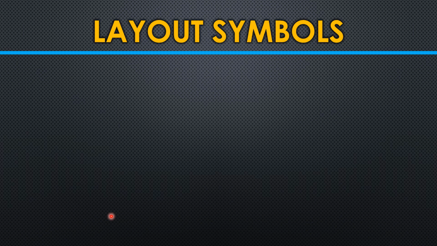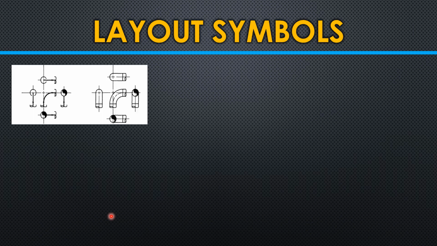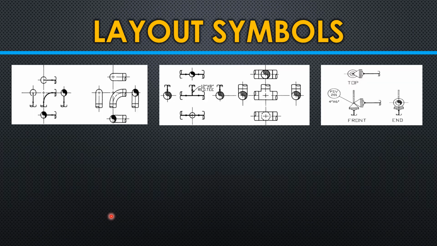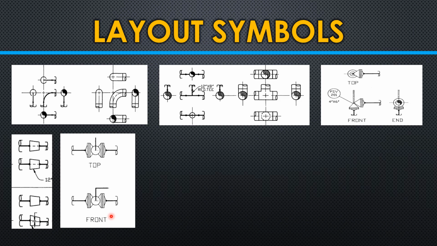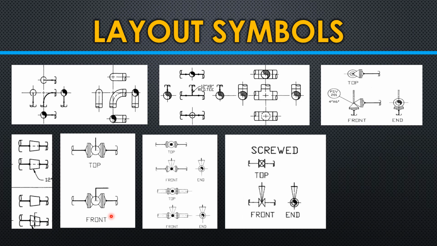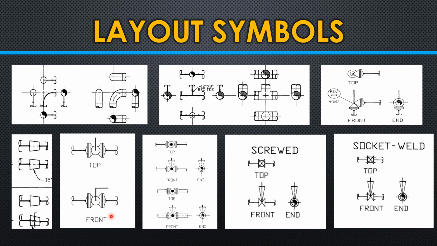Now let's go and understand what layout symbols are. Unlike other industries, piping layout has its own symbols, like for elbows, T's, valves and reducers, and for all the different types of valves you have. To understand more about the symbols, you have to refer to the piping drafting book, which I have already referred to on my channel. If required, I will give you the link of that particular video in the description box.